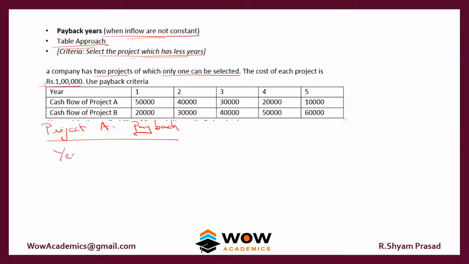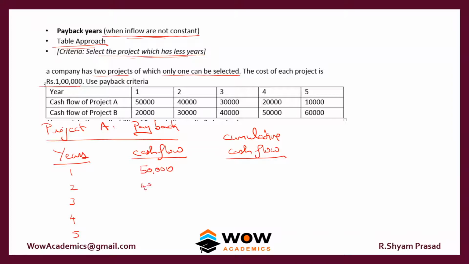We'll start with years, cash flow, and cumulative cash flow. That's what we have to compute. Years are 1, 2, 3, 4 and 5. Cash flows are 50,000, 40,000, 30,000, 20,000 and 10,000.